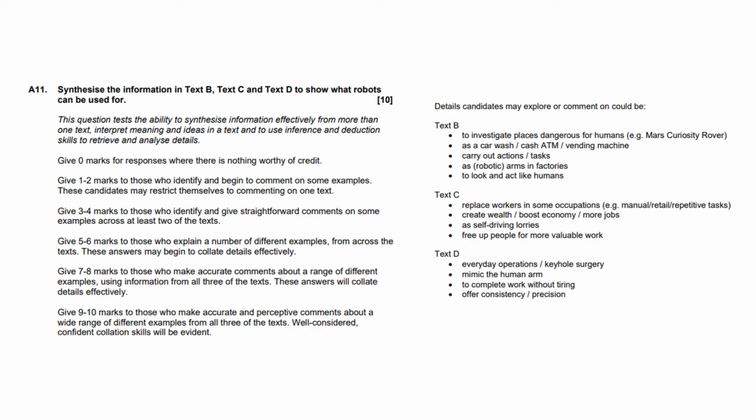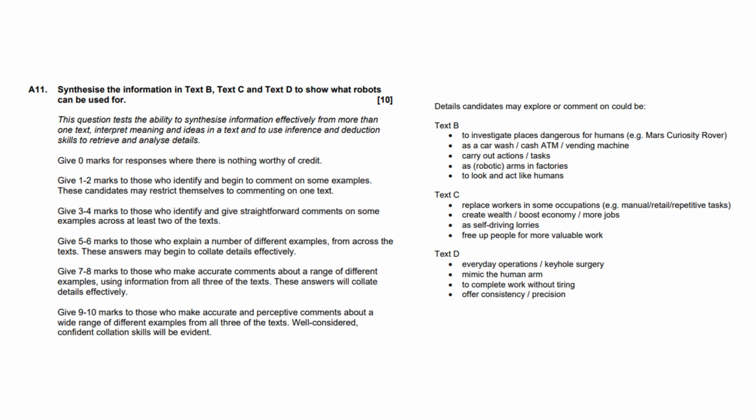I think we have been able to take information from more than one text. I do think that using our reading skills, we've interpreted meaning and we've decided to ignore some parts because the meaning, once we've used our inference skills, actually reveals something different, and we've been able to retrieve those details and to analyze those details in places.